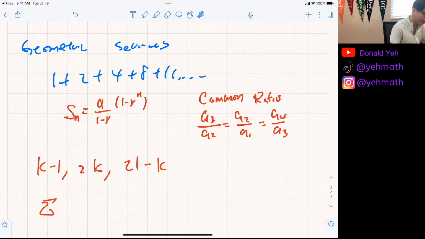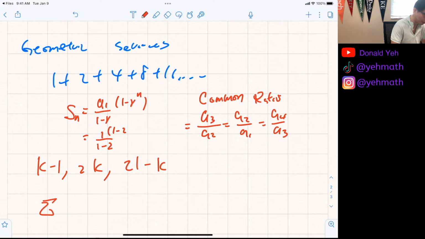A1 is the first term, times 1 minus r to the n, over 1 minus r. r is the common ratio, because they all have the same ratio, which here is 2, right? So we can plug in here. This is the first term. 1 minus, the ratio is 2, and 1 minus 2 to which power?